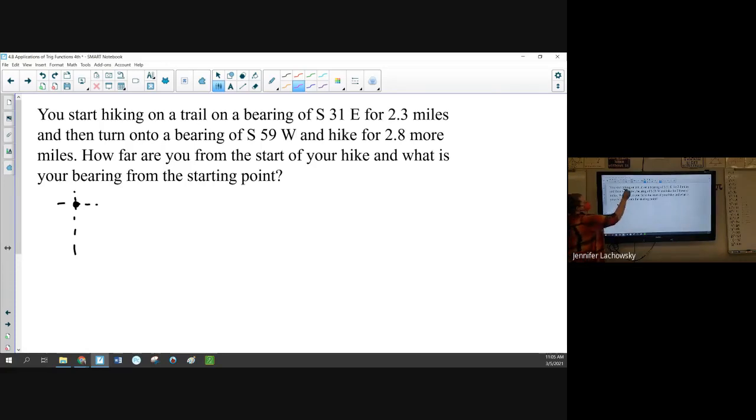South 31 degrees east. So 31 is kind of in here.